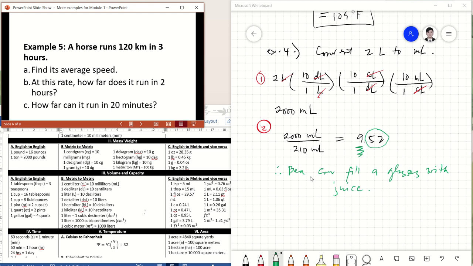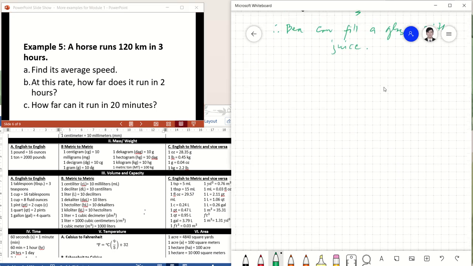Let's proceed to example 5. Here, a horse runs 120 kilometers in 3 hours. First, we are asked to find its average speed. In terms of formula, speed is just equal to distance over time.